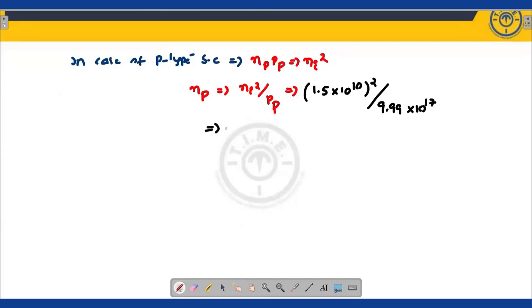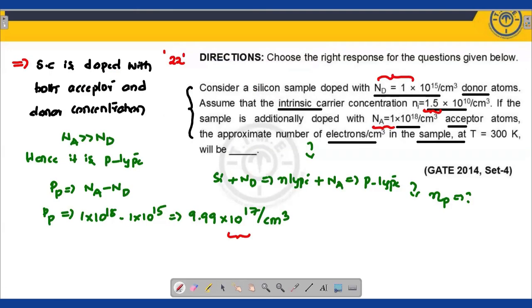Then you are getting this particular value, approximately this value here. This is the answer, my dear friends. What he has expected is the number of electrons in the sample. In this particular sample, he has asked over here. This is the question.